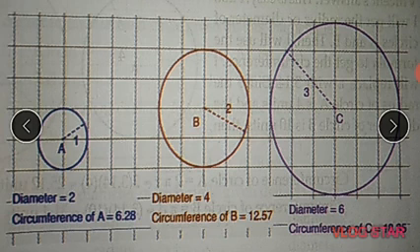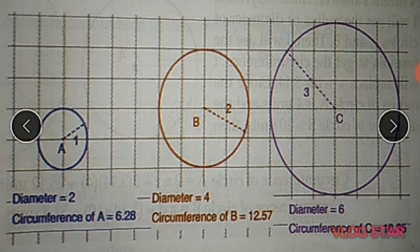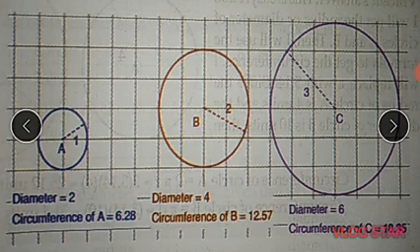So 2 to 6.28, 4 to 12.57, 6 to 18.85. You will observe in this one, when you divide the circumference by the diameter of any circle, the quotient is 3.14.